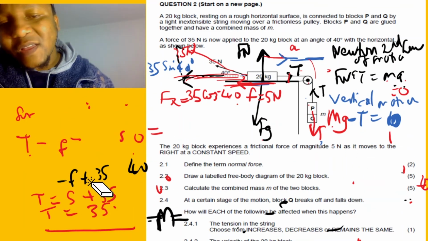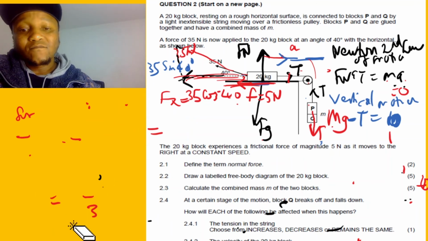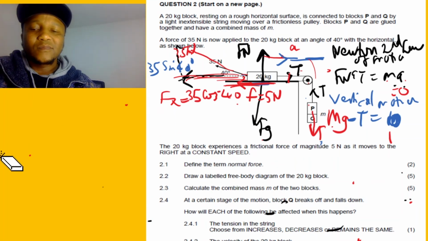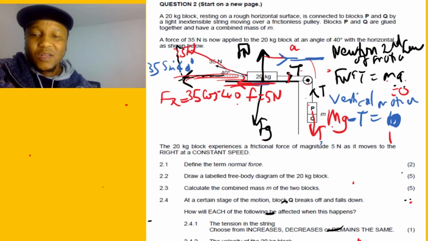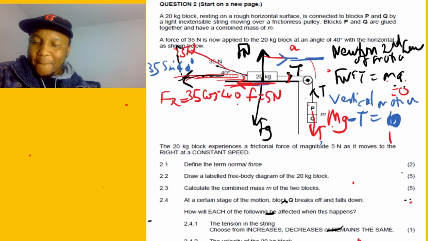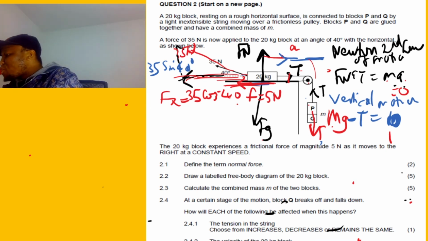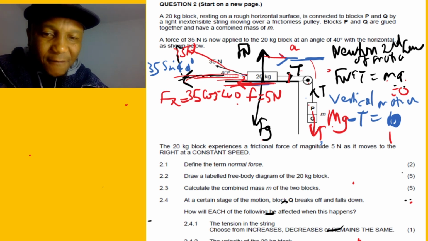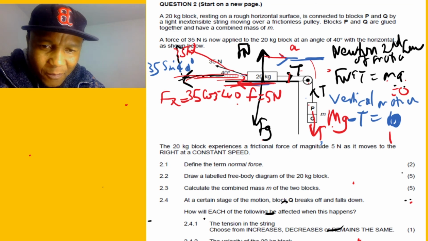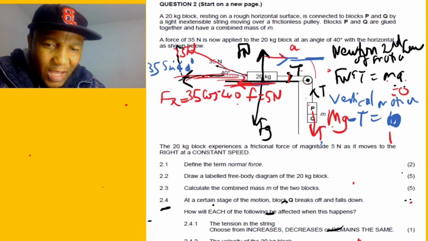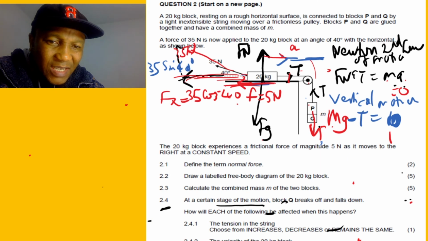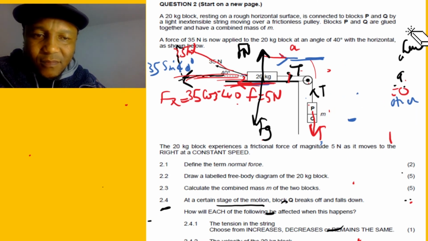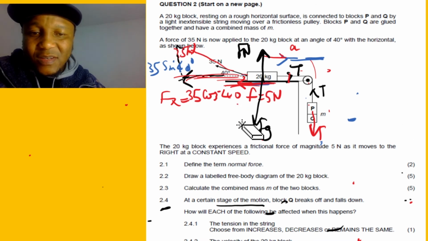Now look, I'm going to trace here. They say now, for 2.4, it's in a certain stage, means at a certain stage, we're going to watch a lot of things here, so all the stuff, we don't need them.